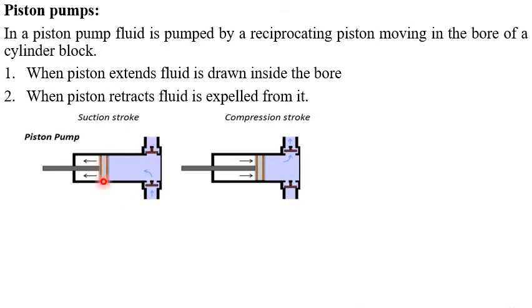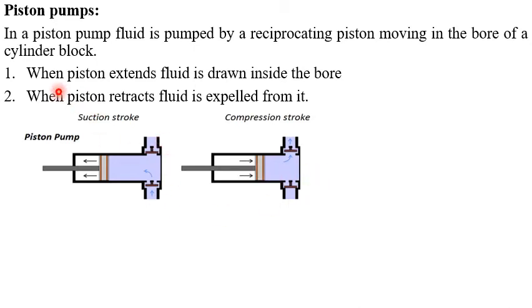This is the piston rod. This arrow mark indicates the piston moving outward. Here, the same construction, the direction shows the piston is moving inward.